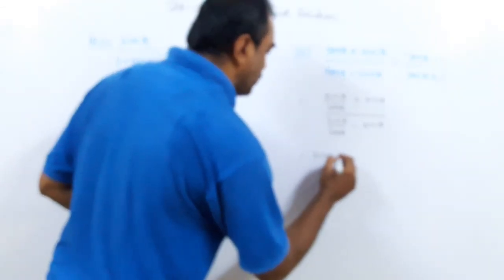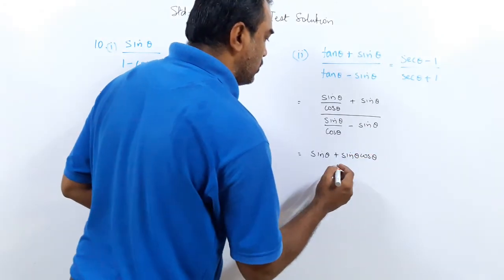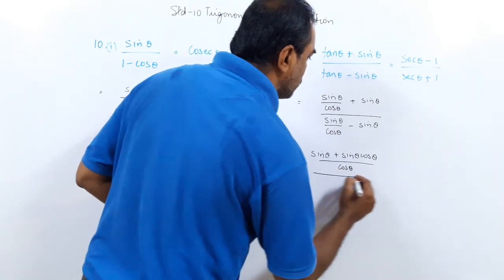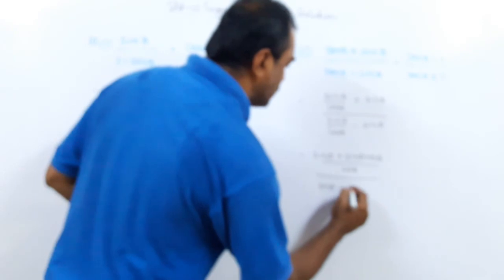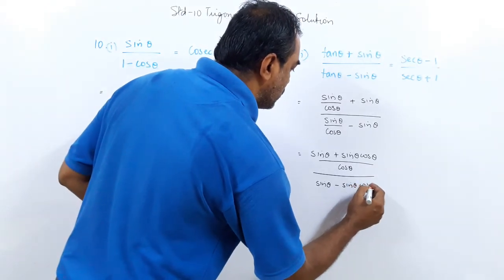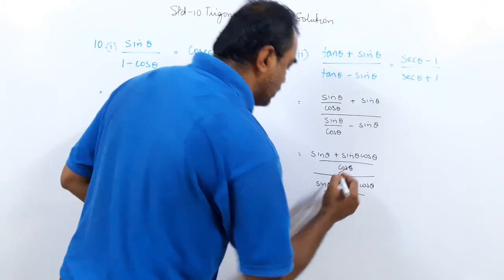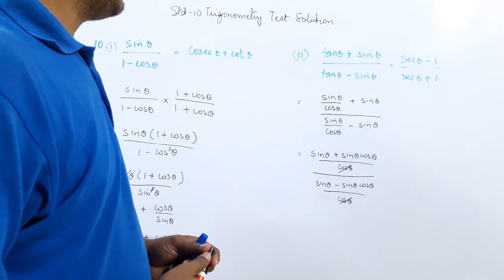Sin theta plus sin theta cos theta upon cos theta, the whole upon sin theta minus sin theta cos theta upon cos theta. Now this gets cut and we are left with this, but it is nowhere near to our answer.